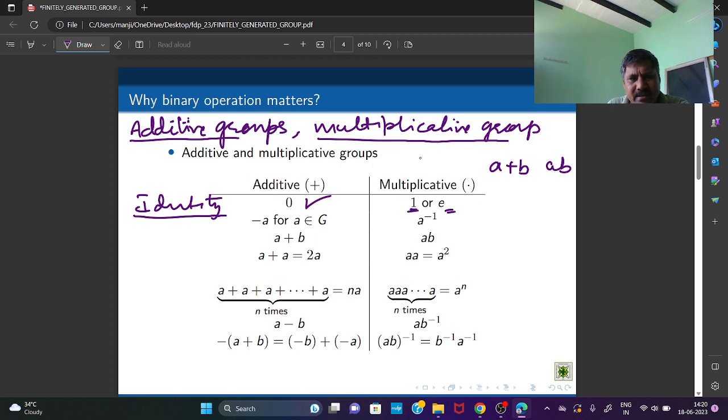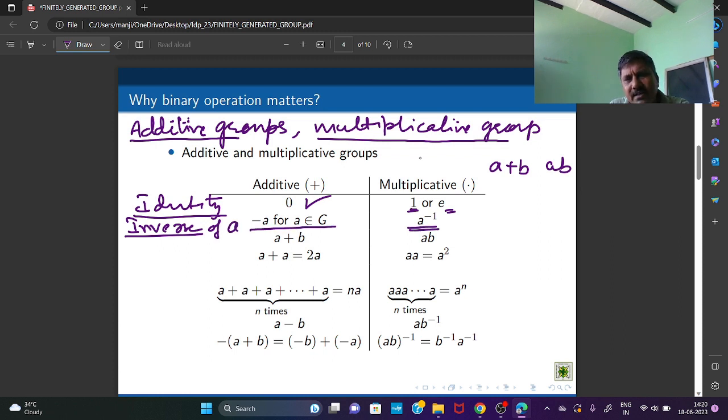In case we have to write the inverse, it depends upon the identity. For additive identity 0, the inverse of a is minus a.